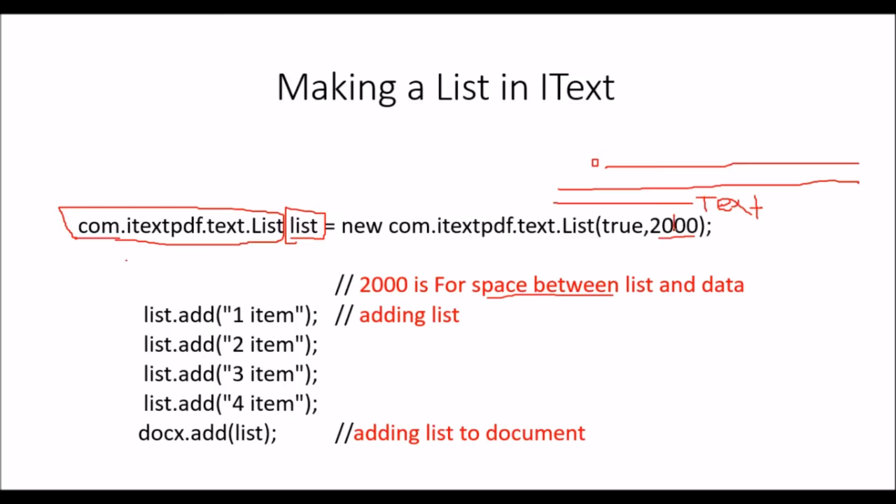You can always use 20, you can rub this off. If you use 20, your text will come somewhat here. So this is nothing but the space. I'm going to add some list items like 1, 2, 3, and 4, and add that list to my document.